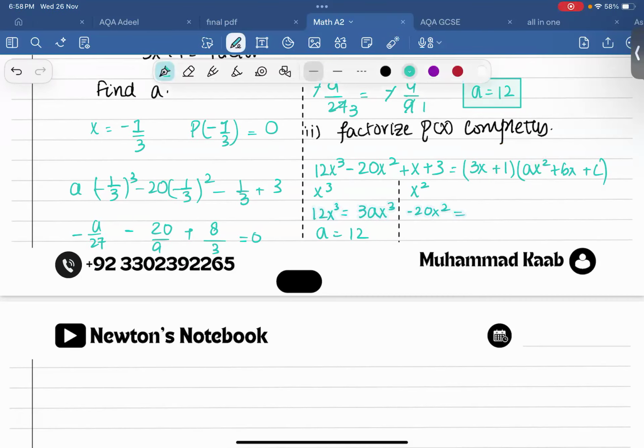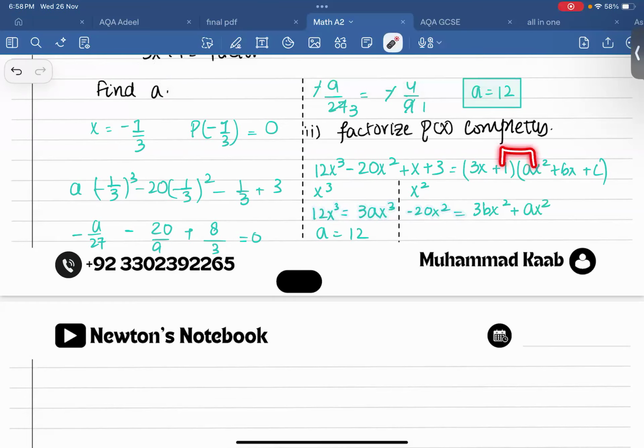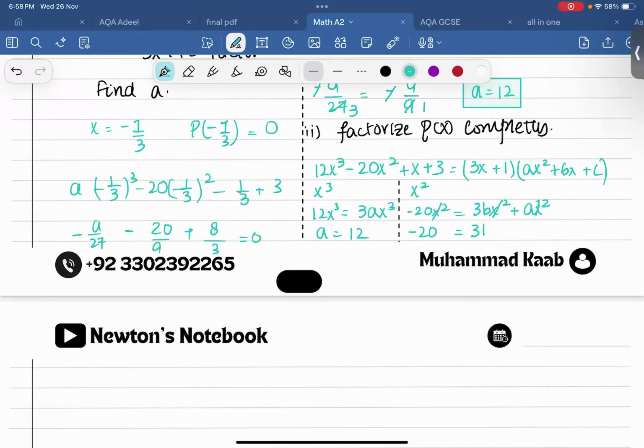So these are the two possible values: 3bx squared plus ax squared. We know that a is 12, so just cancel out every x and solve. Negative 20 equals 3b plus 12. When you take 12 to the other side, that becomes negative 12, and that negative 12 becomes negative 22 divided by 3.